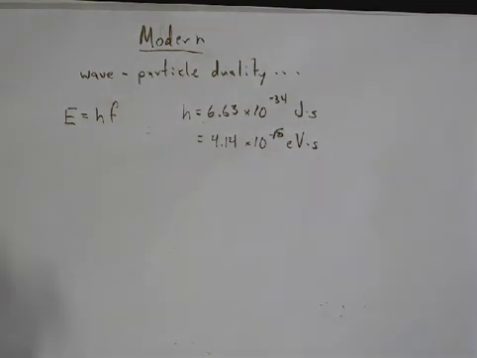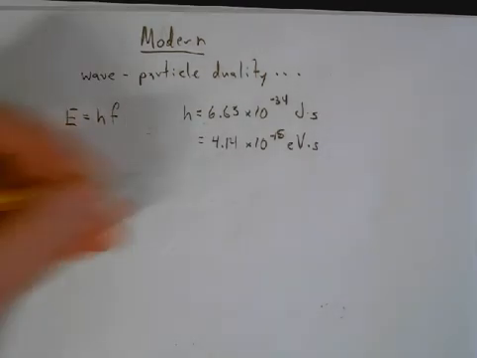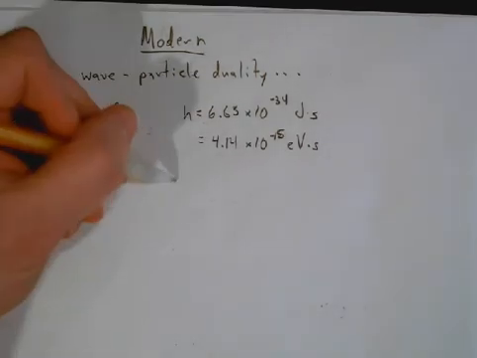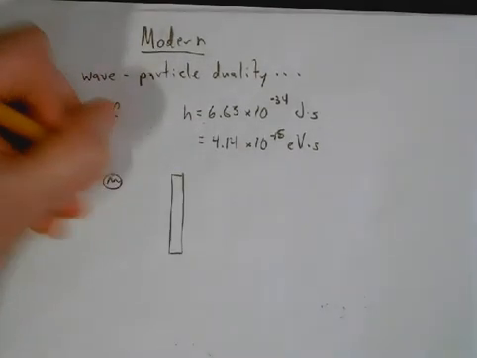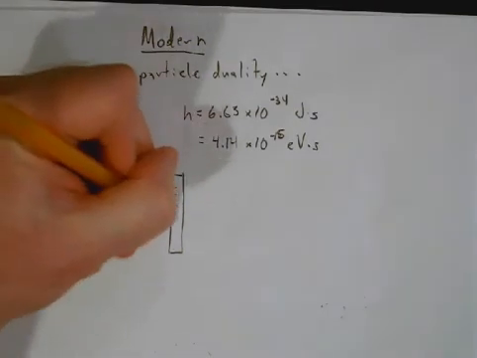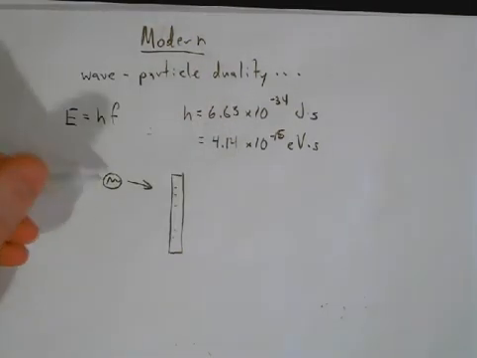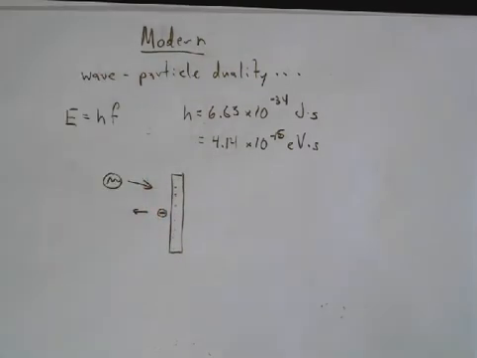We did the photoelectric effect with this. So again, the key to doing physics is being able to draw a picture that represents it. So the photoelectric effect was essentially this. You had a photon of light hitting a metal, and on your metal you have some electrons. Well, if this photon has enough energy, it can knock an electron off.